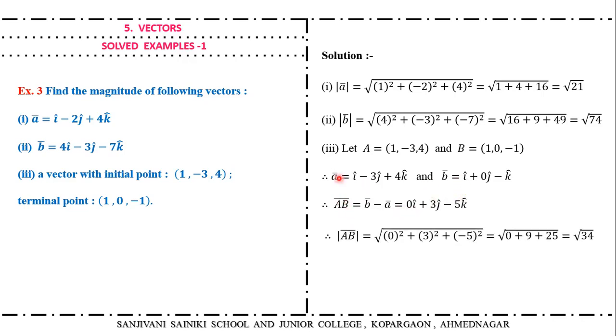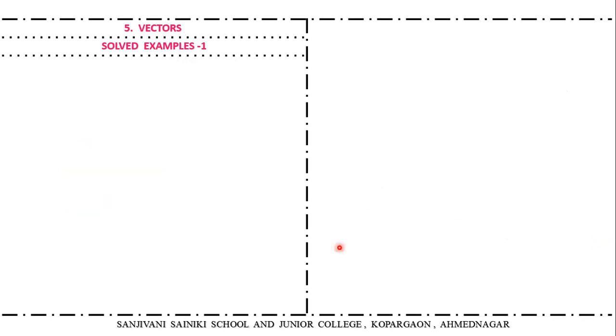So 1 minus 1 is 0, 0 minus of minus 3 is plus 3, and minus 1 minus 4 is minus 5. So this is the vector AB bar. Then the magnitude is given by square root of 0 square plus 3 square plus minus 5 square. So this is the magnitude of the given vector.